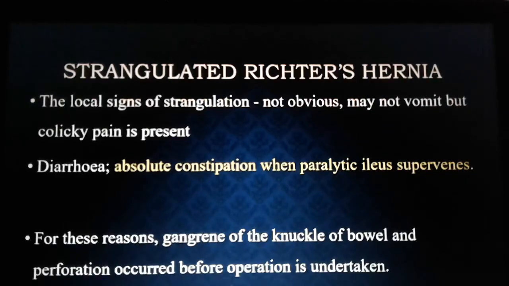So usually the constipation and vomiting features are absent, and the onset of gangrene is therefore delayed. And the important part is, if the content is omentum, the gangrene will first occur in the center of the fatty mass, the center of that omentum mass. Okay.